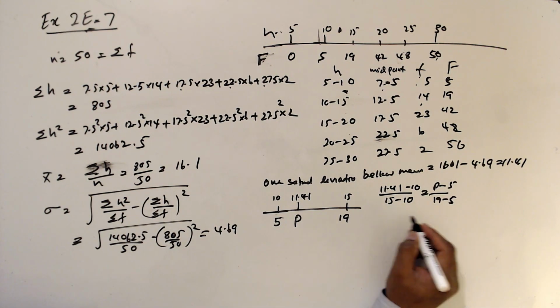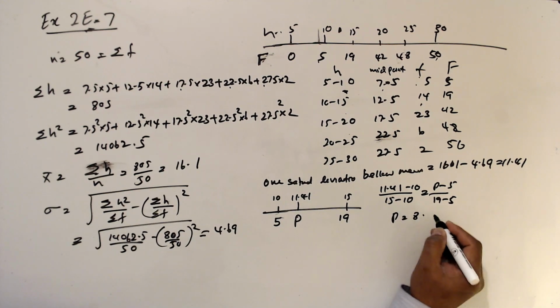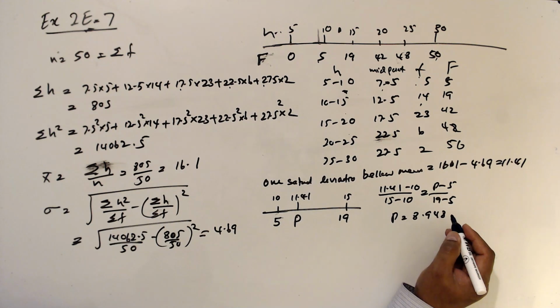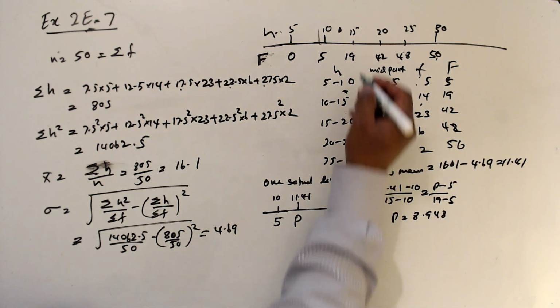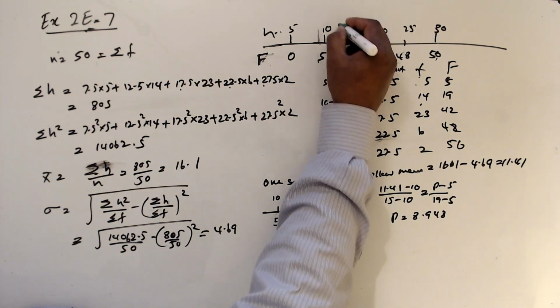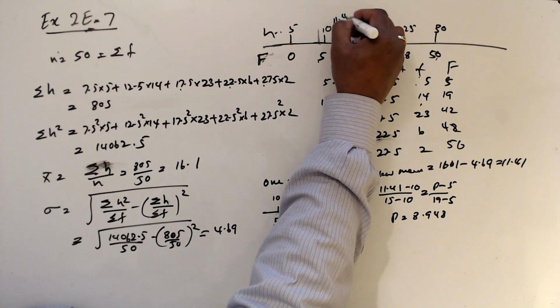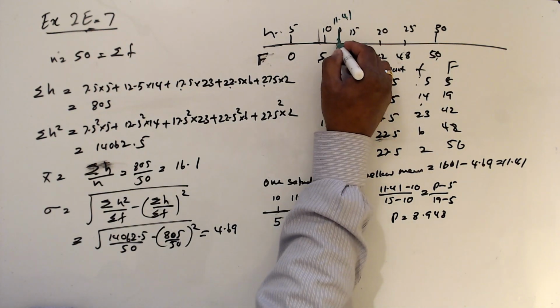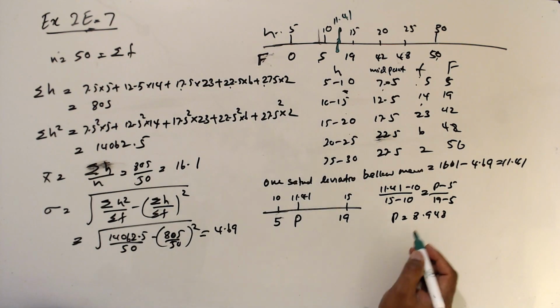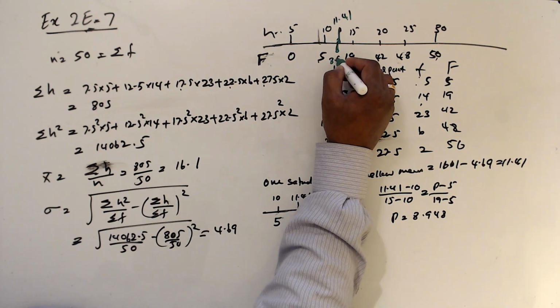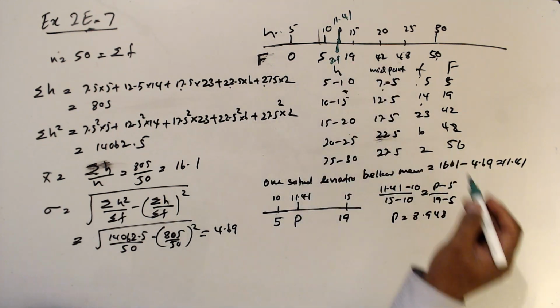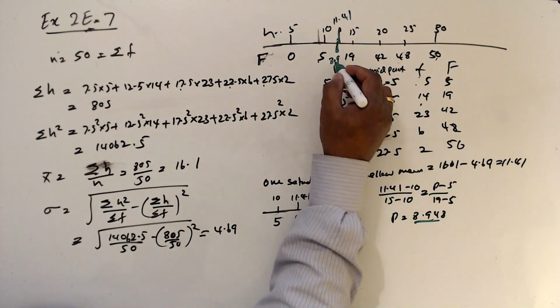We will get around 8.948. So when this is 11.41, how many parts are there? The number of parts is approximately 8.9.